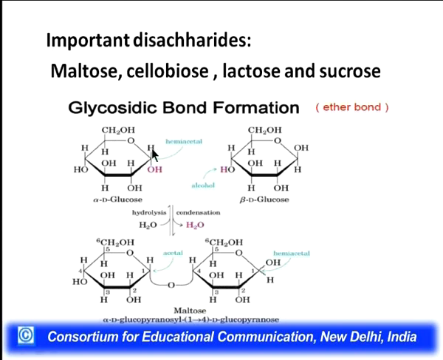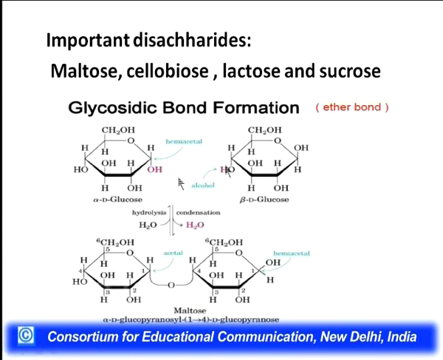Now the reaction takes place between this carbon, which is at number 1, and the carbon at number 4. 1, 2, 3, 4, and a water molecule is eliminated here, resulting in the formation of the maltose molecule.